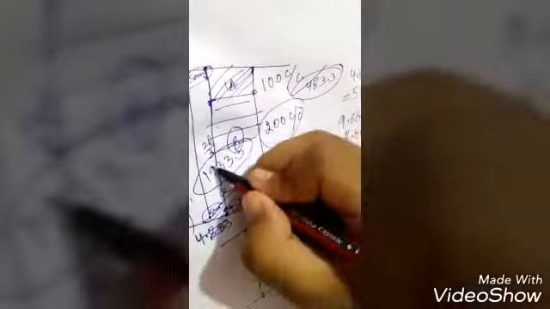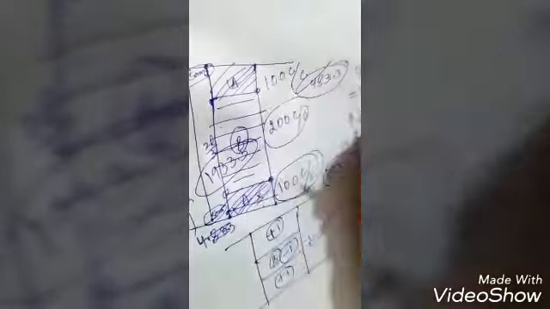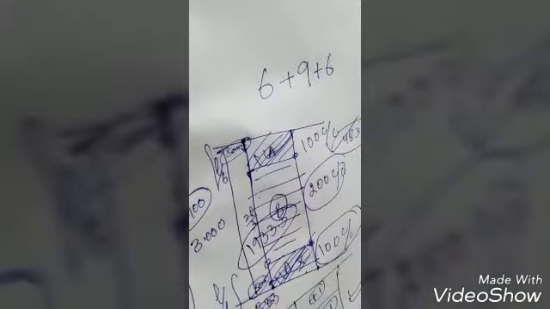So I need 9 stirrups in this zone, and I need 6 stirrups in this zone and 6 stirrups in this zone. So the total number of stirrups is 6 plus 9 plus 6, that's 21. The total number of stirrups here we need is 21.